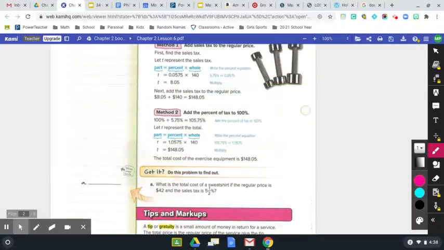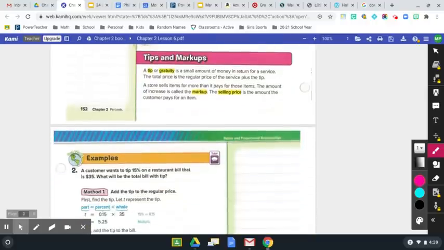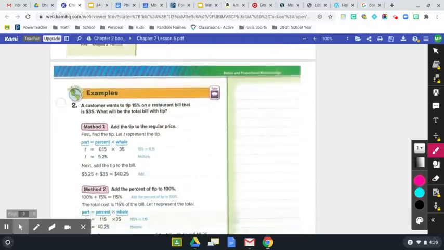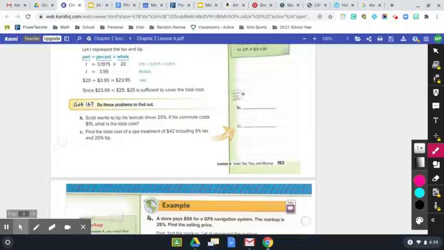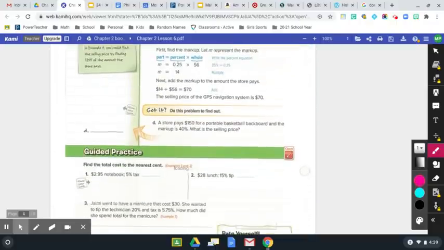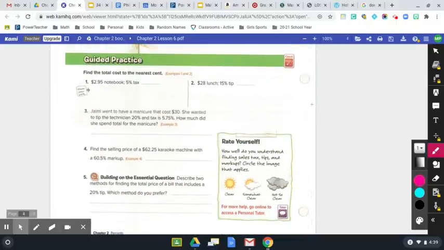Okay, so we're going to do some tax and tip examples. Let's go a couple pages and look at guided practice, which is on page 154. Since we already know how to set the problems up with a proportion, there's no extra piece I have to show you here.